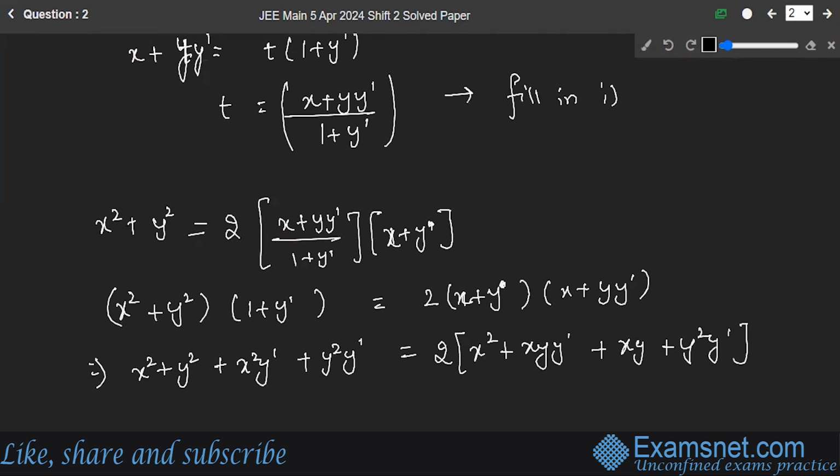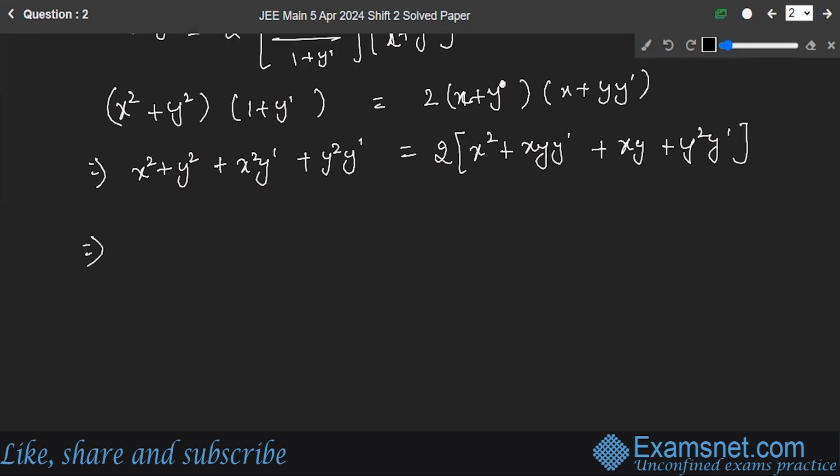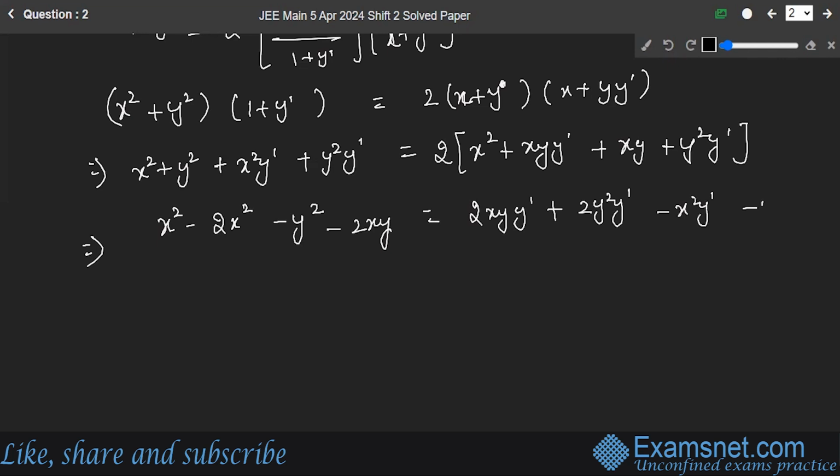Or you will have x square minus 2x square minus y square, and here will be minus 2xy is equal to 2xy y dash plus 2y square y dash minus x square y dash minus y square y dash.